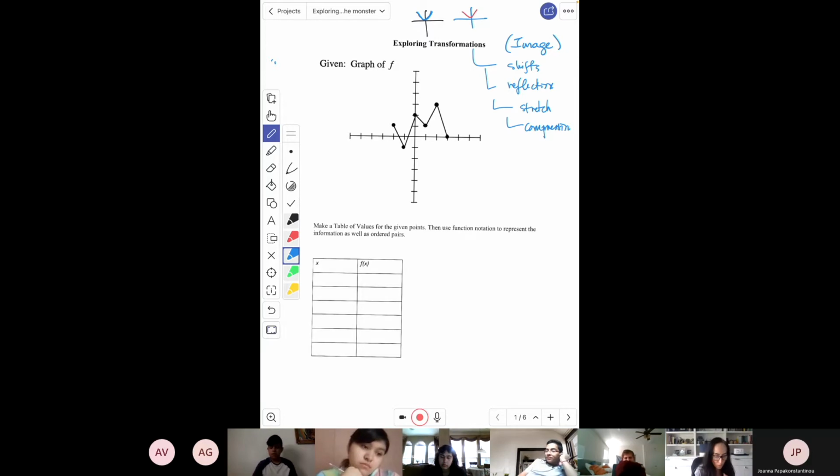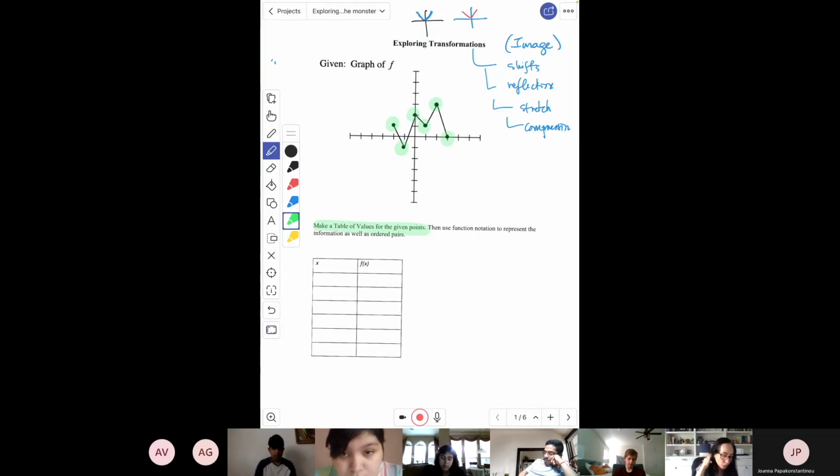So we're going to start with this very interesting little graph, and we're going to first make a table of values. So the first thing we want to do is make a table of values for these points that we know on this given graph. So this is the parent that we've been given, this weird little piecewise linear continuous function.